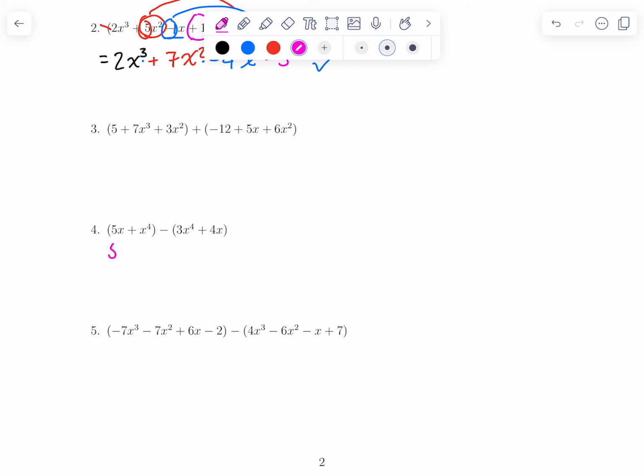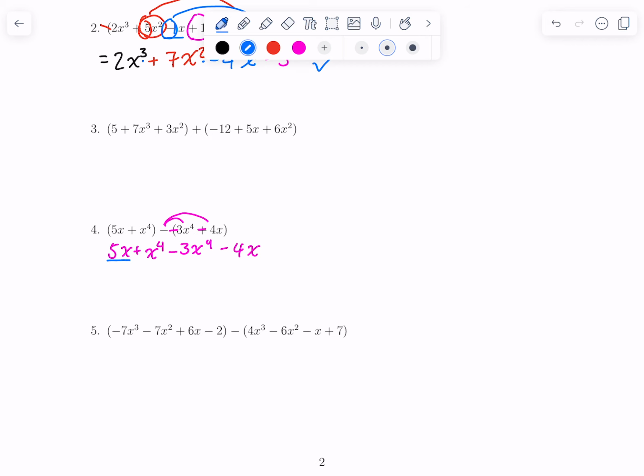So we're going to have 5x plus x to the 4. We're going to distribute this negative sign inside. So we got 3 times x to the power of 4 minus, so here will be minus, here will be minus 4x.